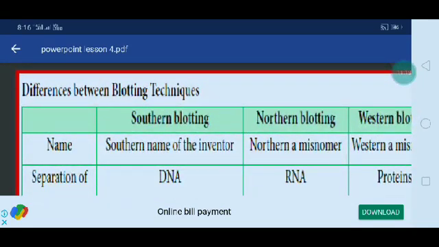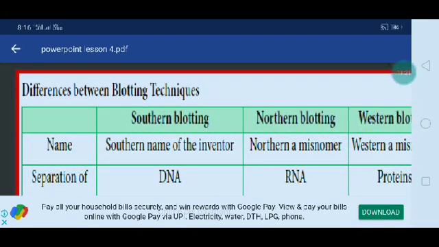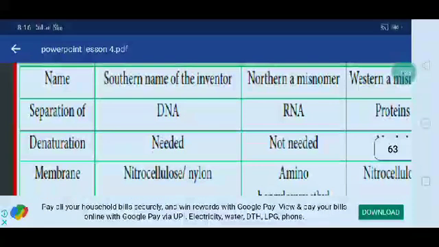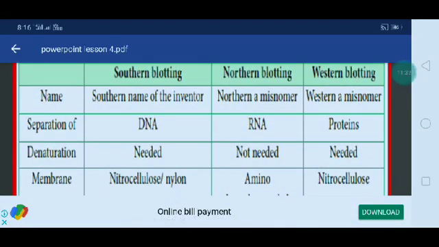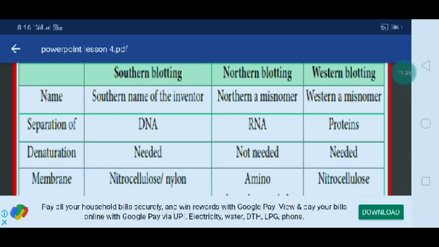What are the differences between the three blotting techniques: Southern, Northern, and Western? First, the name: Southern is the name of the inventor; Northern is a misnomer, and Western is also a misnomer. Separation: DNA, RNA, and protein. Denaturation: needed, not needed, needed.